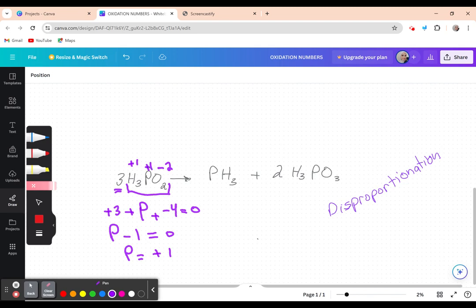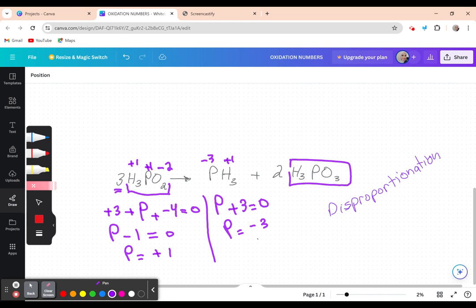Here, for this phosphorus, we know that hydrogen is +1, so phosphorus plus 1 times 3, plus 3, equals 0. Phosphorus is -3.